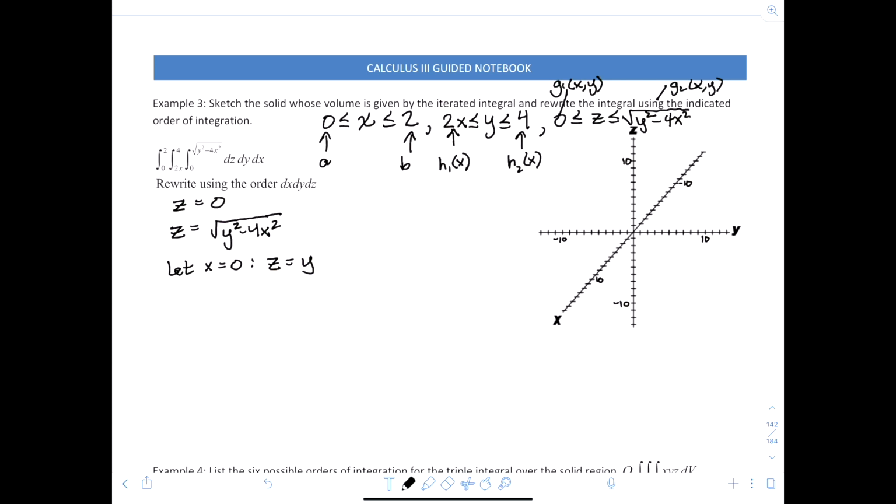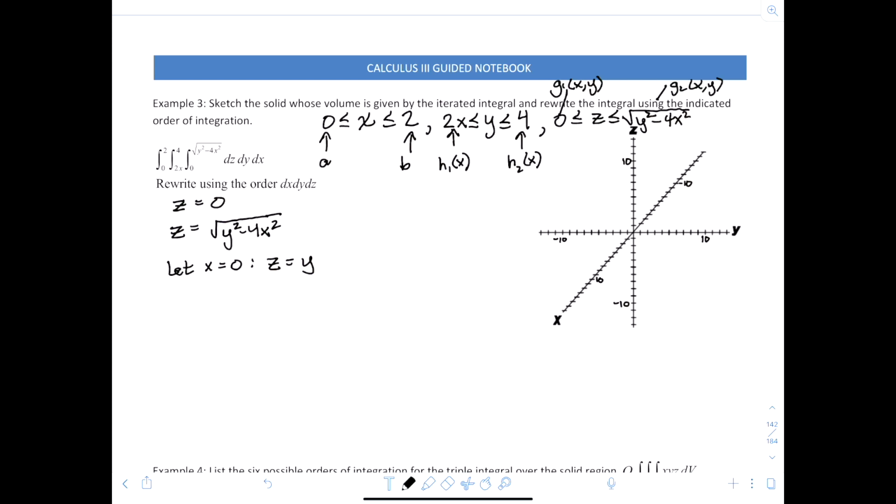Cool so far? Now, what about when x is 2? Because we've got that middle integral.